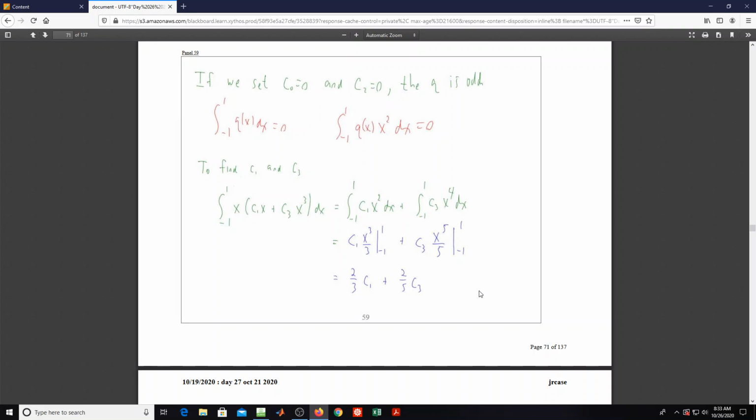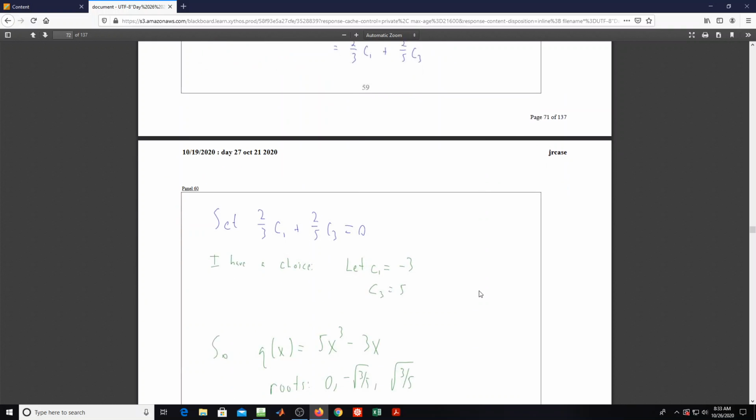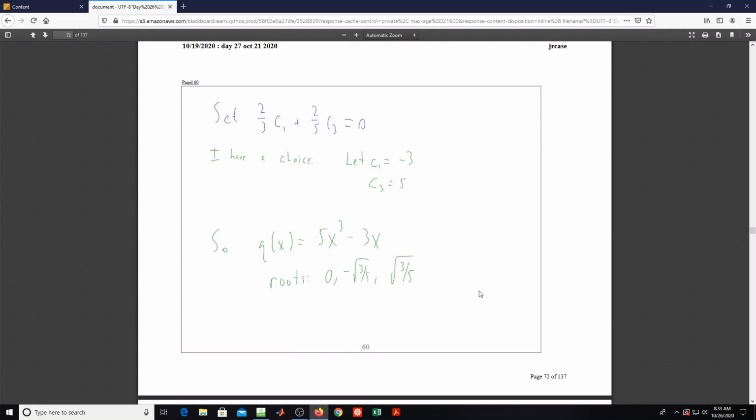We've already cut this down from C0 equal to 0 and C2 equal to 0. So now we just have a choice between C1 and C3, and we get a lot of choices here. I'm going to make the choice because I'm the instructor. No, I'm giving the choice because this is what other people have decided to do. And so they decided to set this equal to 0 and let C1 be 3 and C3 equal to -5. I'm sorry, -3 and 5.